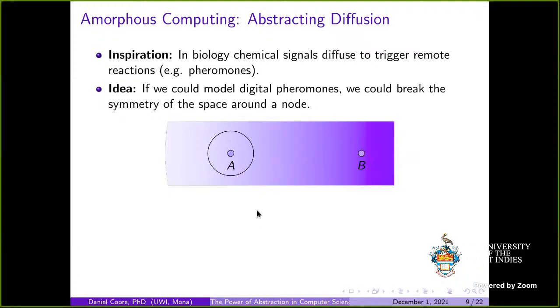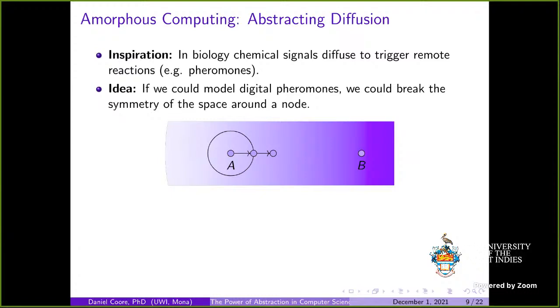And so if A can communicate with all its neighbors, then all it really has to do is ask all its neighbors, what concentration are you detecting of this stuff that B is putting out? And those that have the higher concentrations are necessarily closer to B. So now we've broken the symmetry. Now we know which direction B lies in. And of course, once we do that, we could then repeat that process and ultimately form a path back to B. So what we have here is 2 ideas coming together.